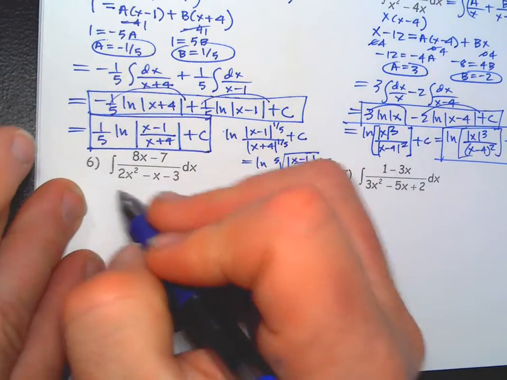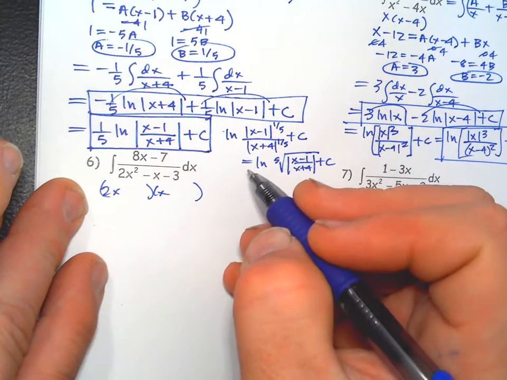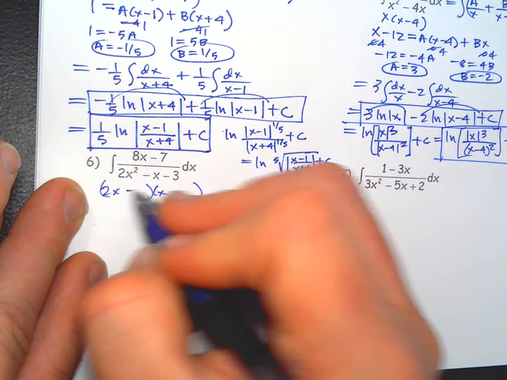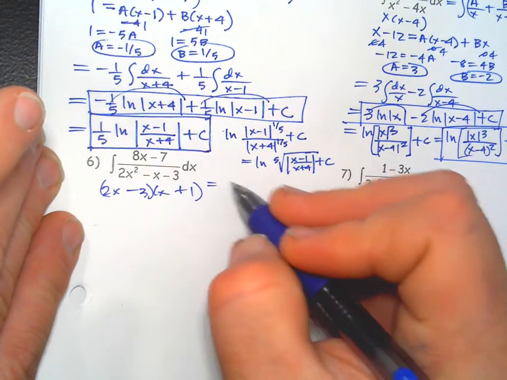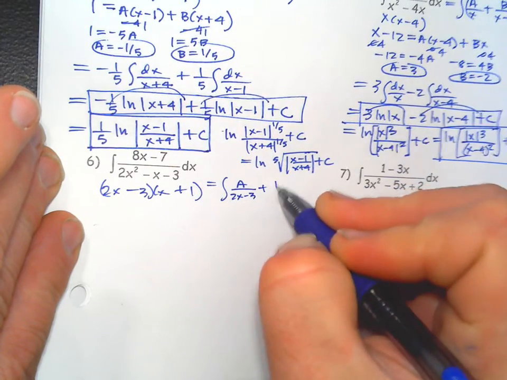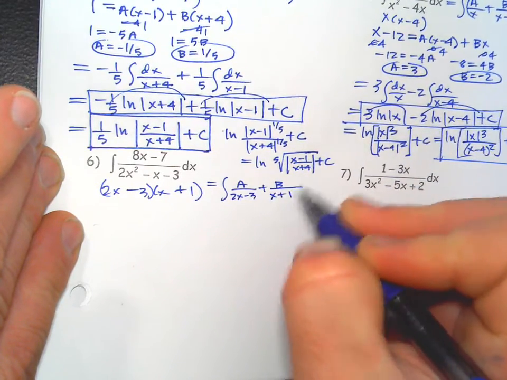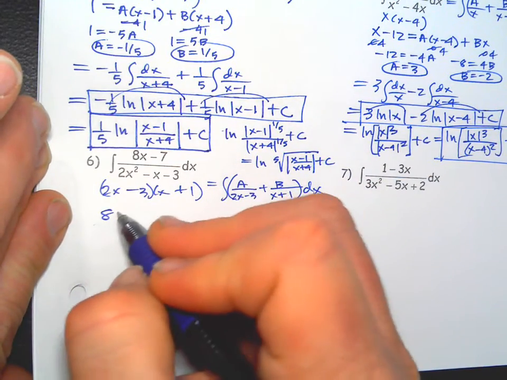Okay, next one, 2x minus 3, x plus 1. That works. So it's going to be A over 2x minus 3 plus B over x plus 1 dx. So multiply through by the least common denominator.